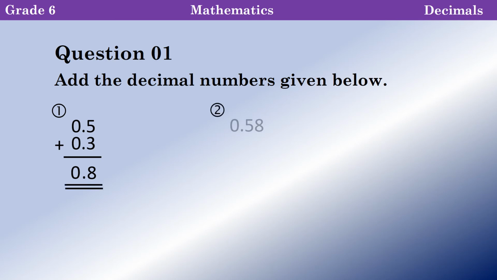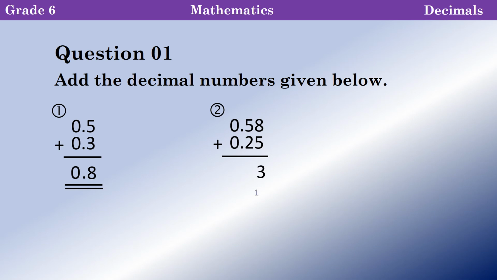Second one, 0.58 plus 0.25. When adding this, we first add the digits in the second decimal place. 8 plus 5 is 13. We put 3 and 1 is the remainder.